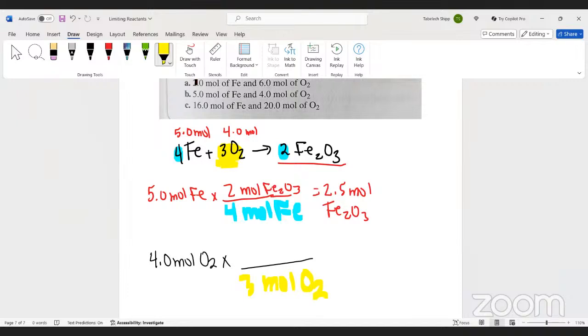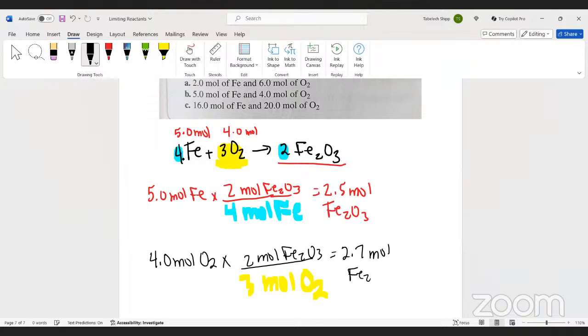Again, that's coming from this coefficient right here. And on the very top, the 2 moles of Fe2O3. So 4 times 2 is 8. And then divide that by 3, you get 2.67 or 2.7 moles of Fe2O3.